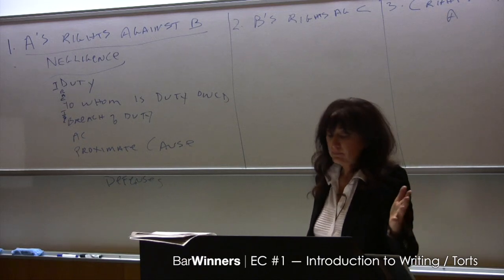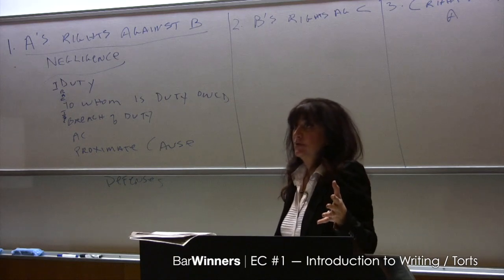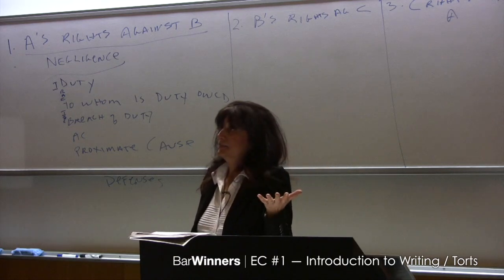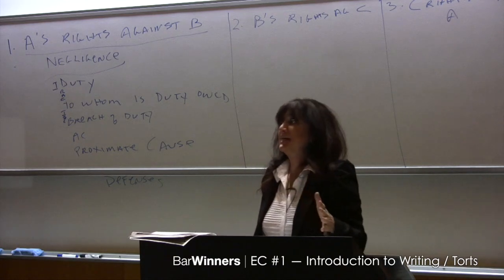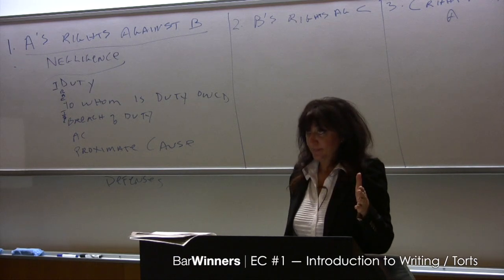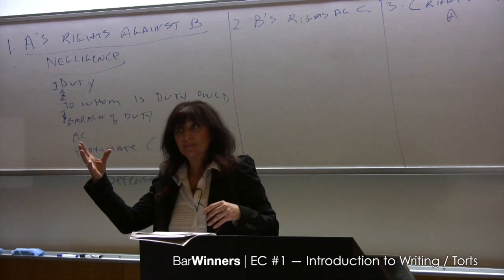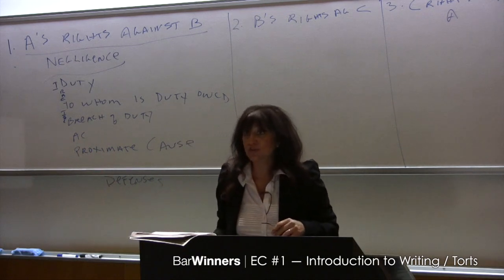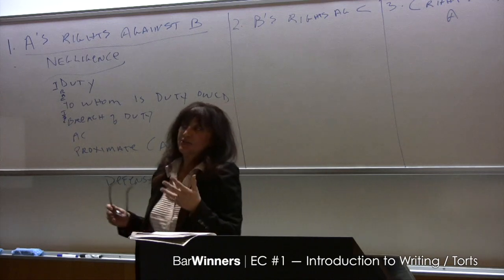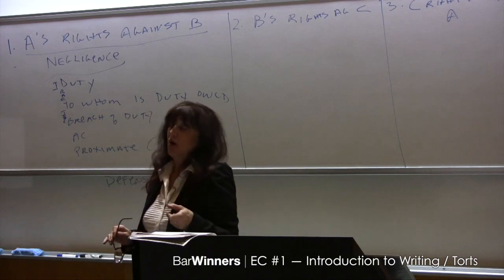Okay? The last one I'm going to go over in torts tonight is nuisance. It's heavily tested because it's a gateway to remedies. Because if somebody's creating a nuisance, you want to enjoin that nuisance, you want to stop the nuisance. So they test nuisance fairly often, actually.